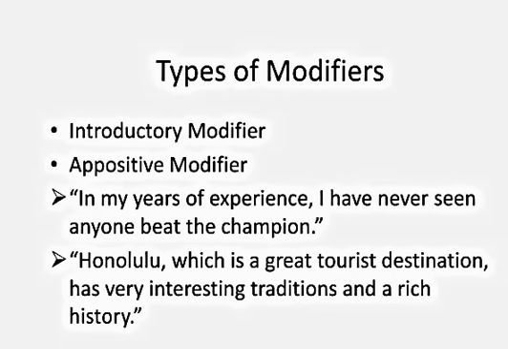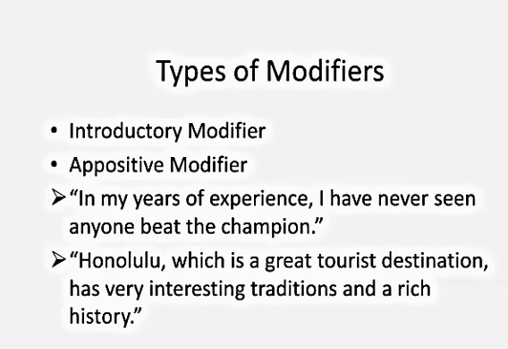Okay, then we look at the types of modifiers. Just know these modifiers. You don't really have to cram it. It's just because it has to be there. The first type of modifier is the introductory modifier, and the second type is appositive. When you look at the introductory modifier, by rule, if I say I have never seen anyone beat the champion, it's a complete sentence by itself.